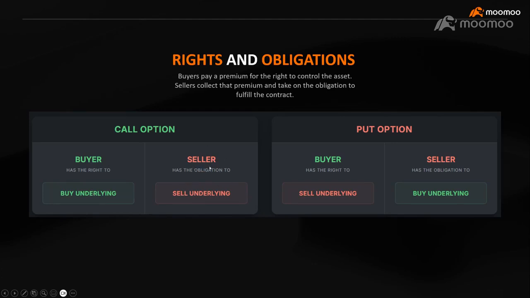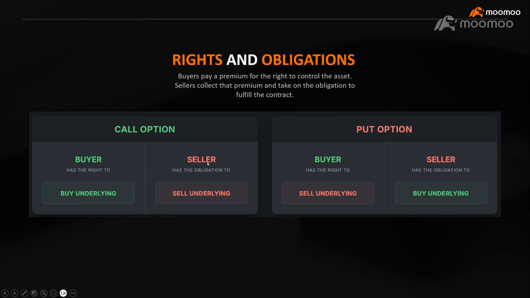So remember, in call options, the seller has the obligation to sell the underlying. When the buyer exercises their right to buy the underlying, the seller is the one responsible for selling the underlying to the buyer, no matter what price the seller owns it from.